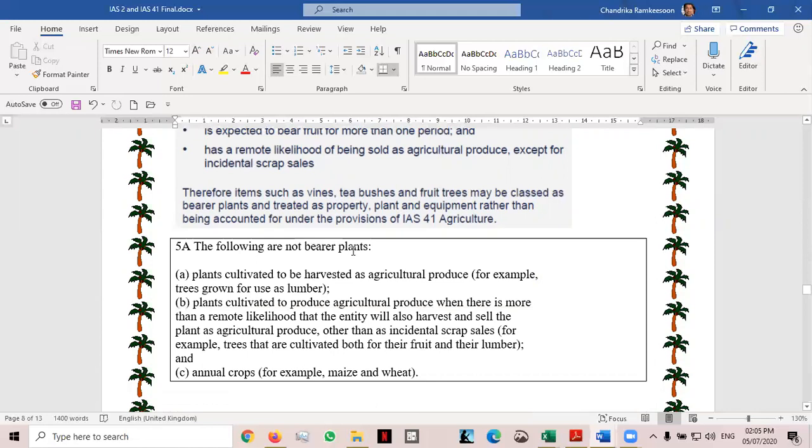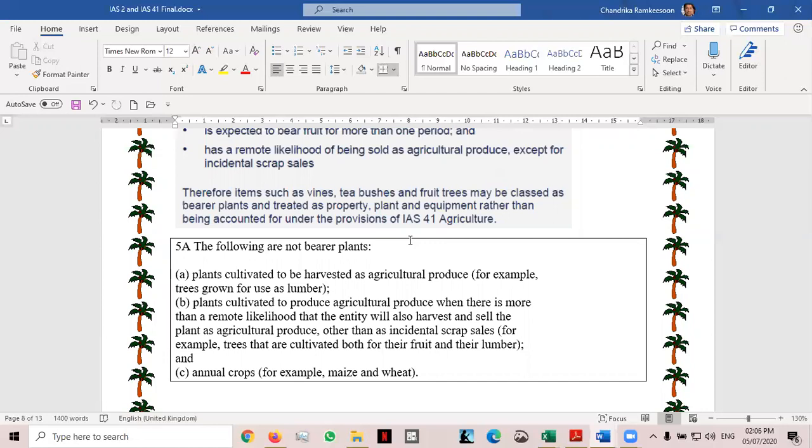The following are not bearer plants. Plants cultivated to be harvested as agricultural produce, for example, trees grown for use as lumber. Plants cultivated to produce agricultural produce when there is more than a remote likelihood that the entity will also harvest and sell the plant as agricultural produce other than as incidental scrap sales.